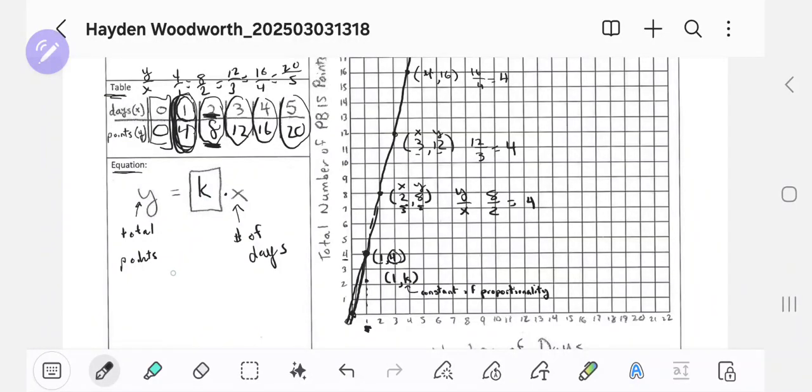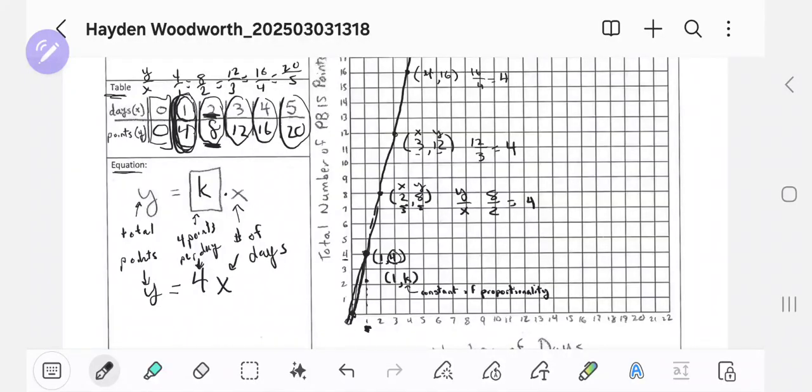So y equals 4x would be our equation for this relationship, because the total number of points is days times 4, that's our unit rate. In this case, it's 4 points per day, right?